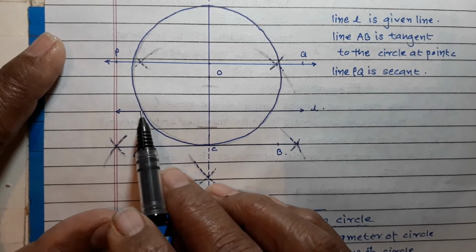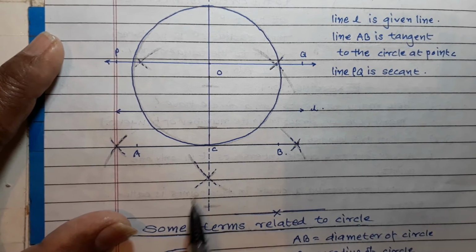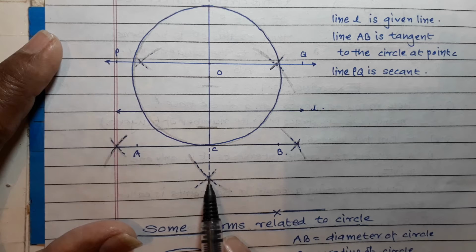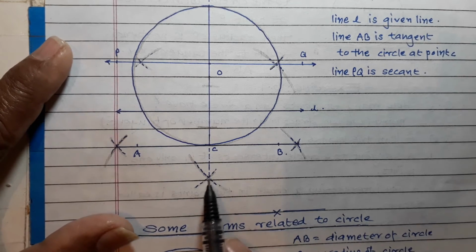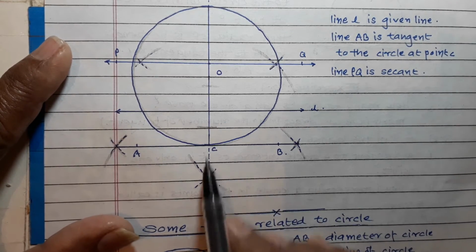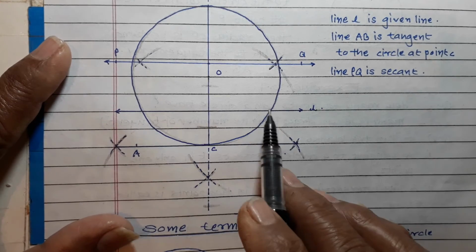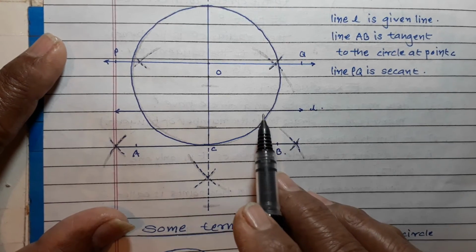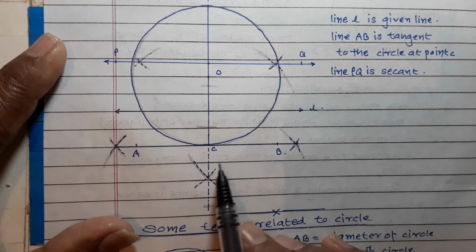Similarly, keep your compass point here and cut this arc. If you join this to C, this is the perpendicular bisector of this chord.